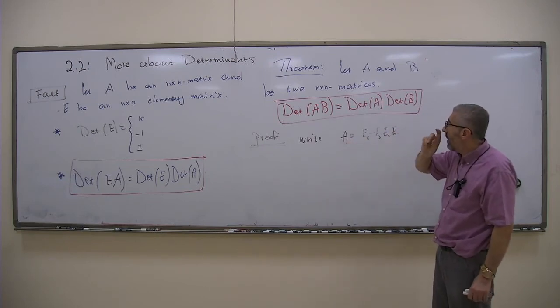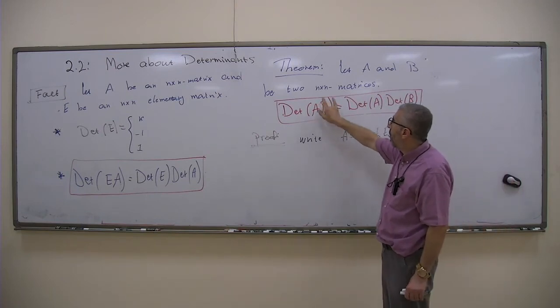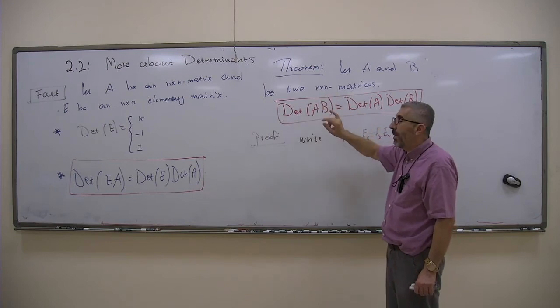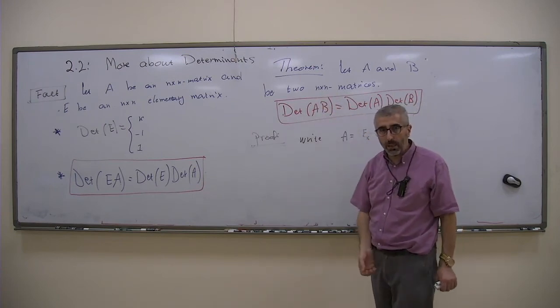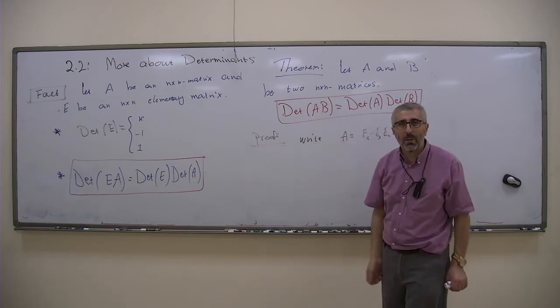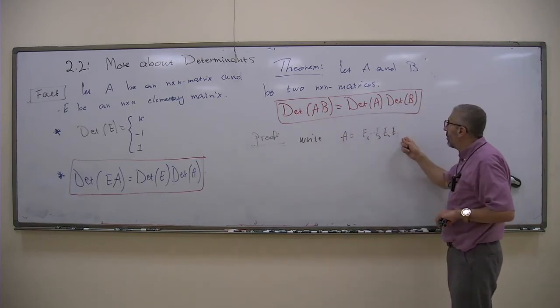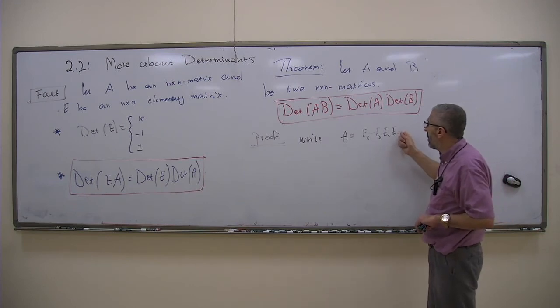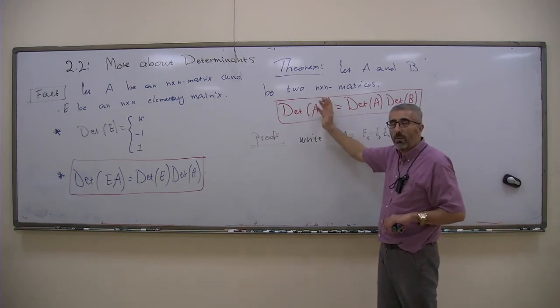And remember, last time we talked about if you have two matrices and both of them are invertible, the product is invertible. If one of them is non-invertible, the product is non-invertible. So you can use that to conclude that if the determinant of the final form here is 0, then the determinant of this is 0.